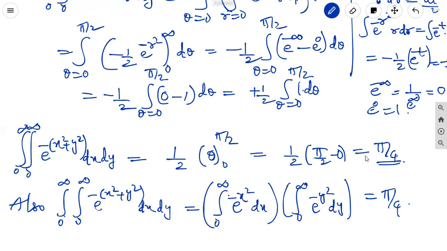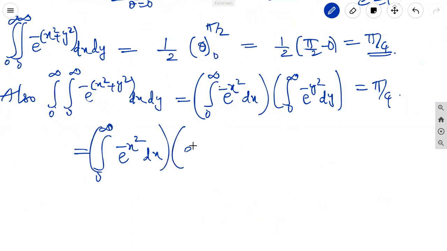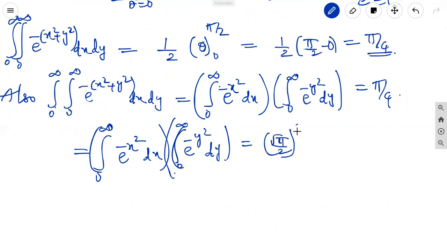That is nothing but the product of these two equal to pi by 4, where the variables are changed. So we can write it as integral 0 to infinity e power minus x square dx into e power minus y square dy, equal to pi by 4, which can be written as root pi by 2 whole square.